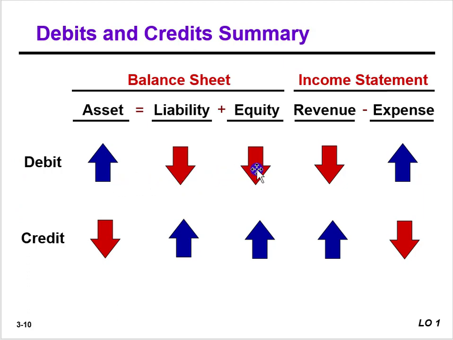Liabilities decrease, equity decreases, revenue decreases, expense increases, because assets and expenses have a natural debit balance. On the credit side, liabilities, equity, and revenue have a natural credit balance, so they increase when you credit them. Assets and expenses are going to decrease when you credit them because they have a natural debit balance.